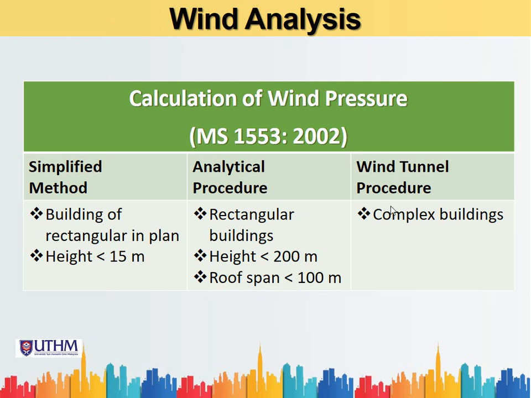For complex buildings, we use the wind tunnel method. For our syllabus, we will focus on the analytical method. You can call it a procedure or a method. We proceed one by one: first the simplified method, next the analytical method, and also the wind tunnel method.